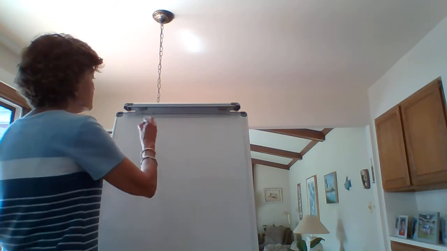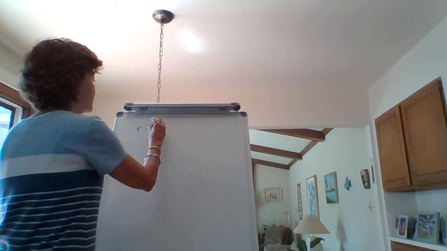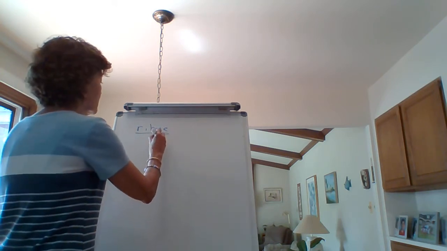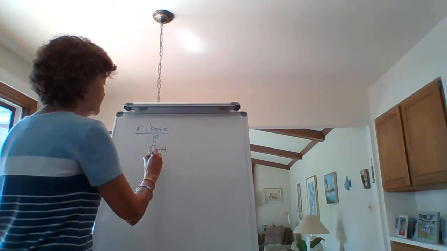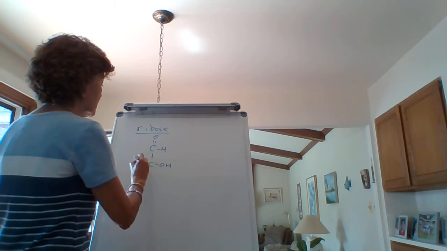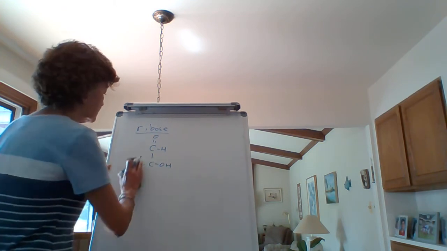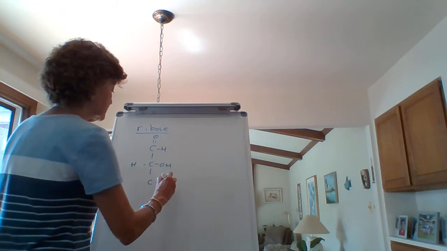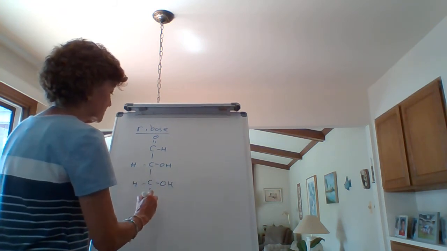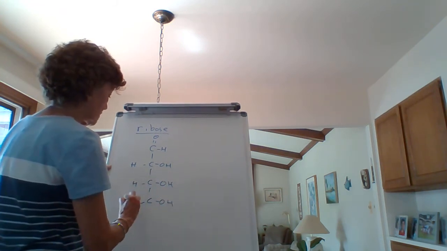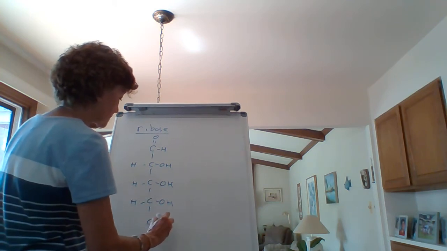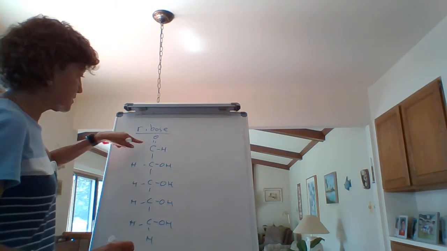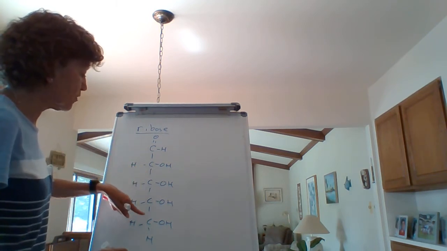So let's first do ribose, which is found in RNA, and let's draw the structure of ribose. It's 5 carbons. Okay, so 5 carbons is carbon 1, 2, 3, 4, 5.